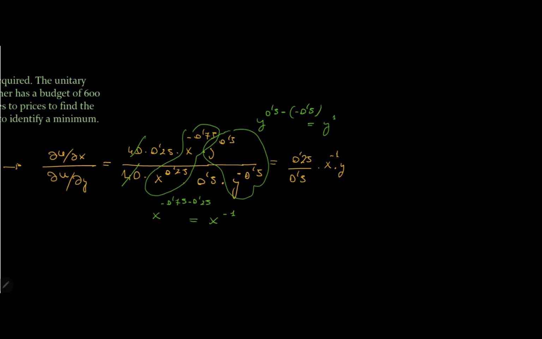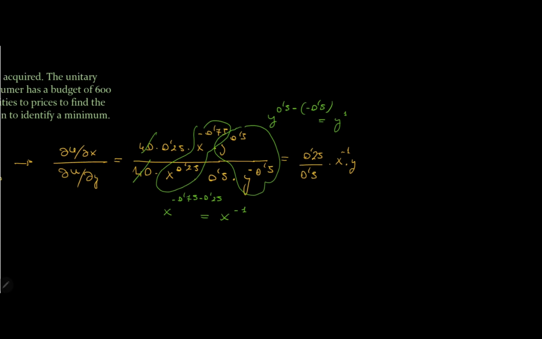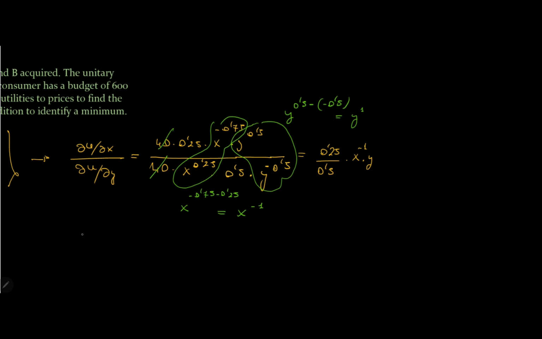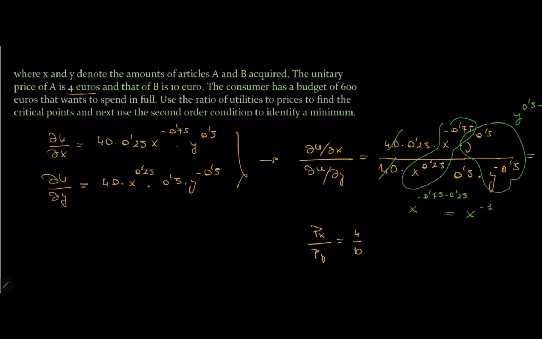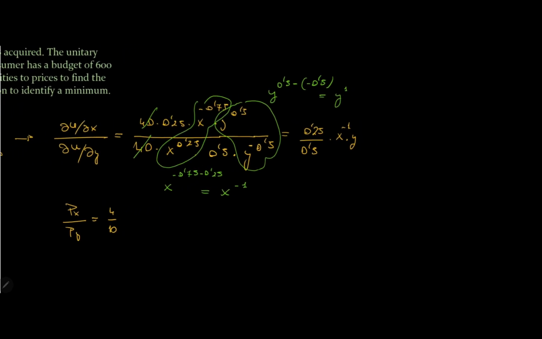That's one part of the formula, and the other part of the formula is very easy, it is px divided by py. That means 4 divided by 10. Remember that the prices were 4 euros for x and 10 euros for y. So it's 4 divided by 10.